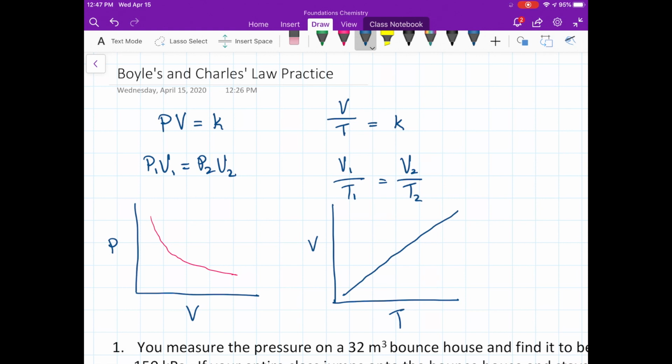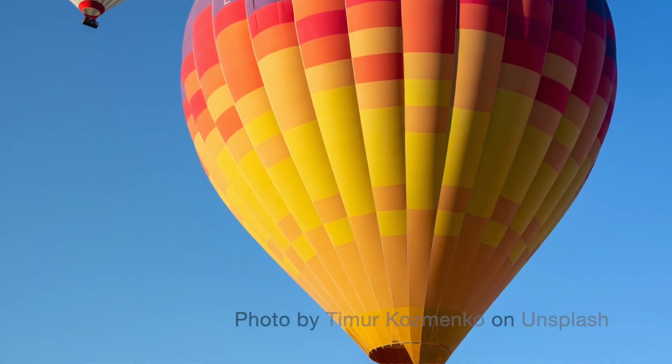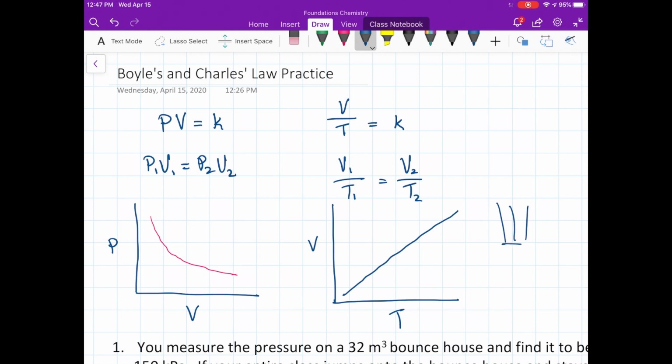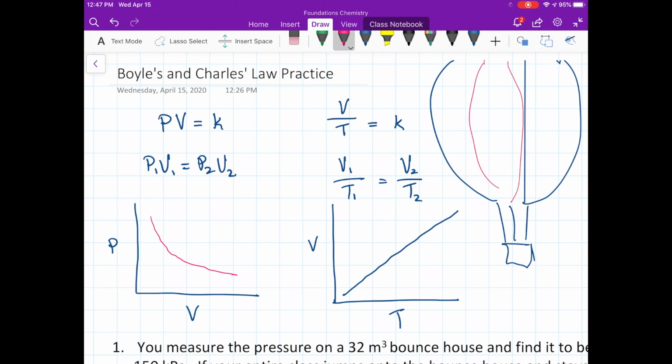He was a French physicist, and he built his own hot air balloon. He inflated it with hydrogen, okay? So here's a hot air balloon. He inflated it with hydrogen. Now, if you've been in my lab, you know that hydrogen is very, very reactive.